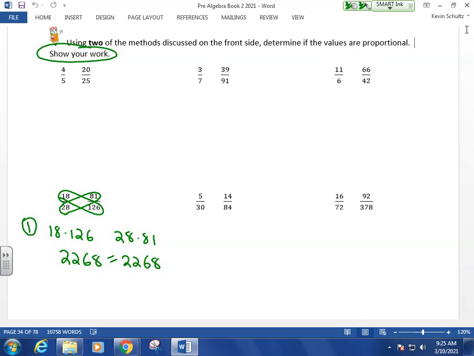Based on the fractions that we have, we already said scale factor probably wouldn't work out too well. Simplifying the fractions, larger numbers here. Let's go with comparing decimal values.